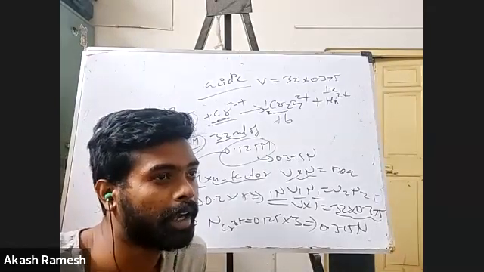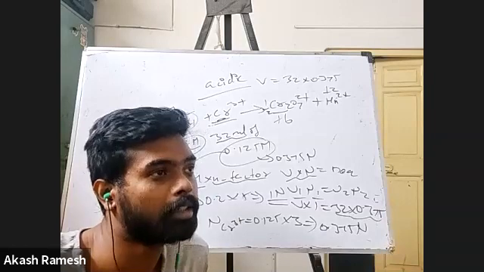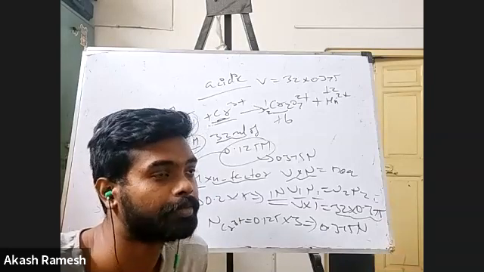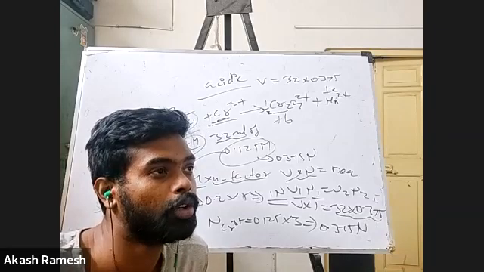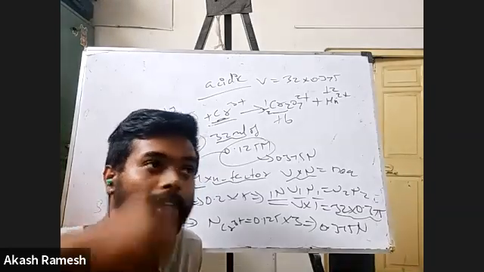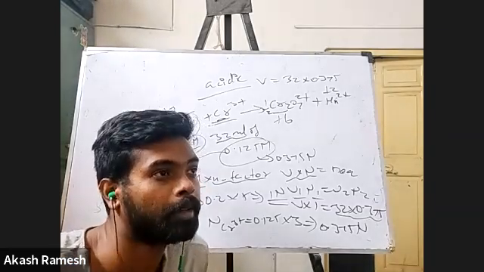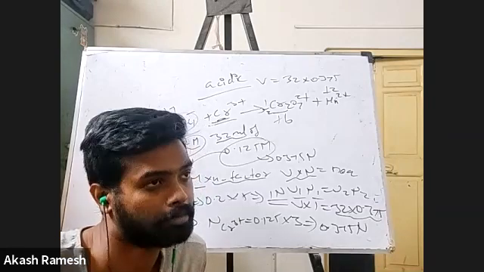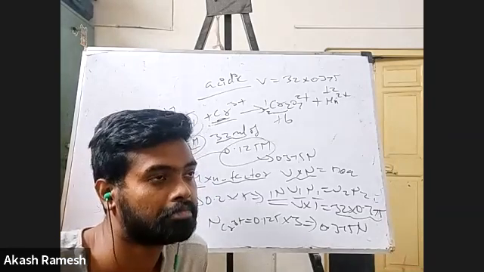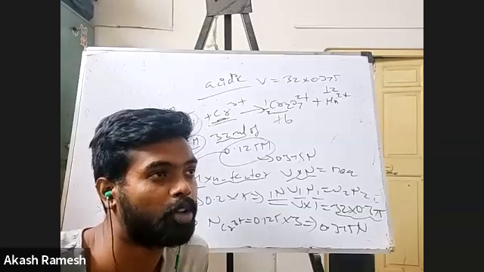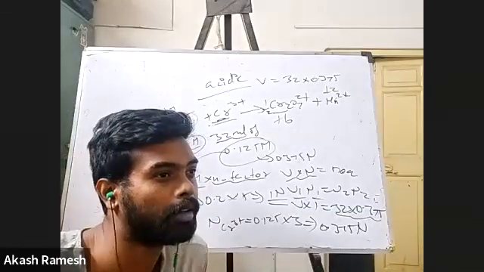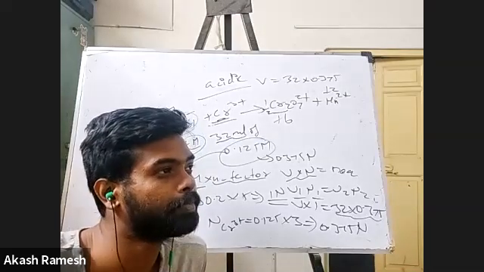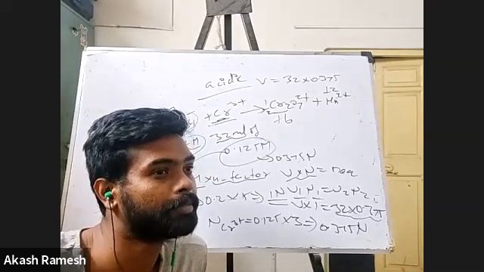Electrochemistry and chemical kinetics together 3 classes, so it will become 9. Solutions and solid state, say 3 classes, that will become 12. No, I'll just put 2, that will be fine, so that will make it 11.